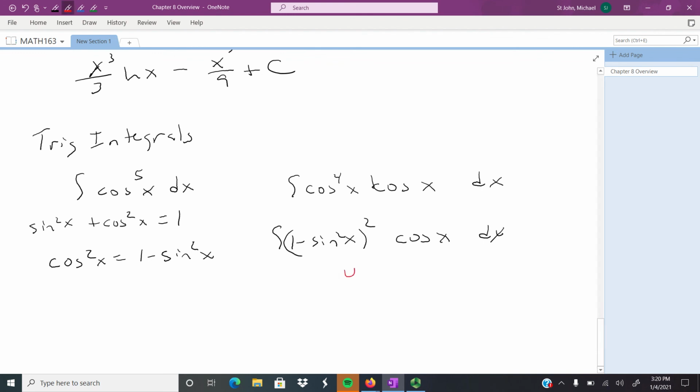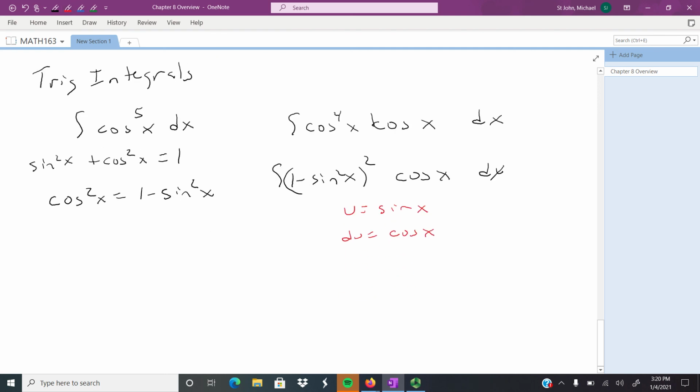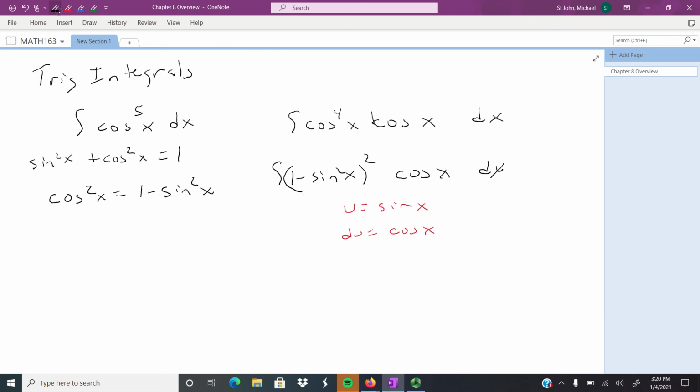And so it's u equal to sine x. And then the derivative will be cosine x. And so now we can substitute. And so we get the integral of 1 minus u squared du.